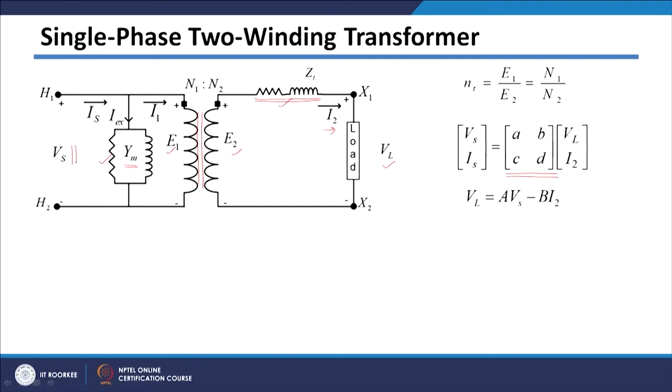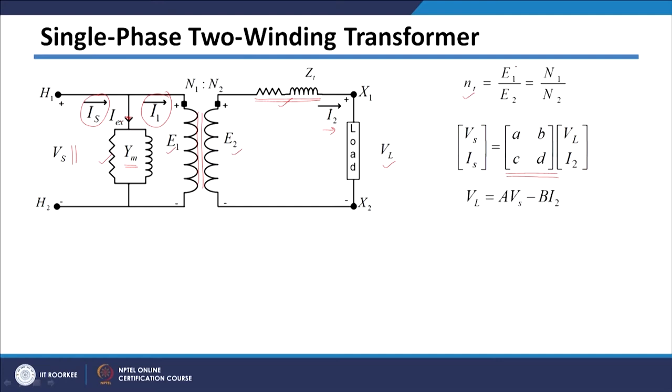This is the applied voltage or source voltage Vs, and I1 is the primary current, which flows after the excitation current, the current to the excitation branch.